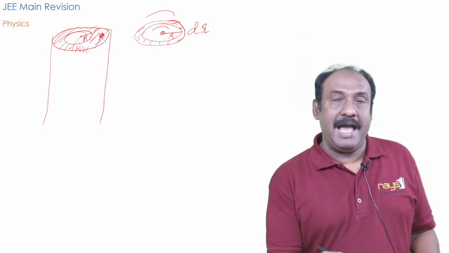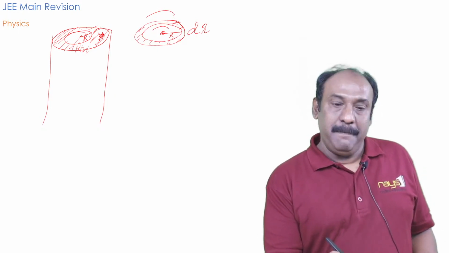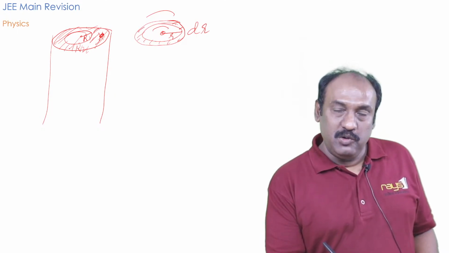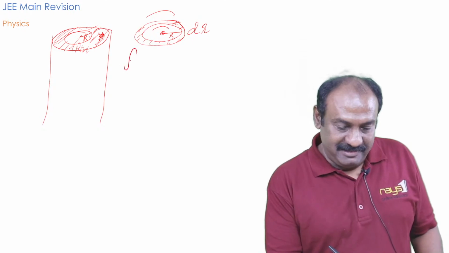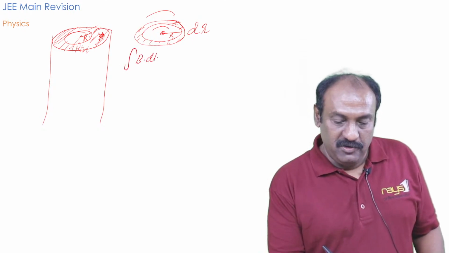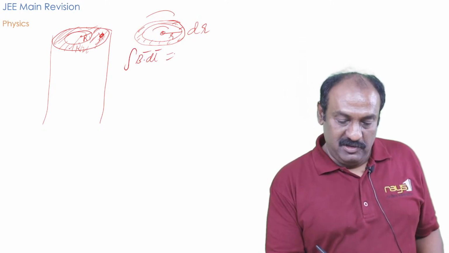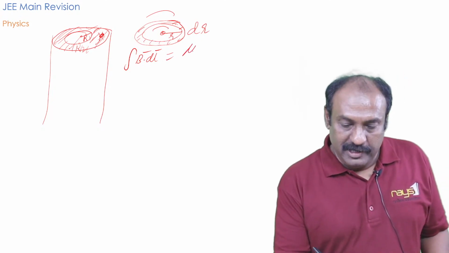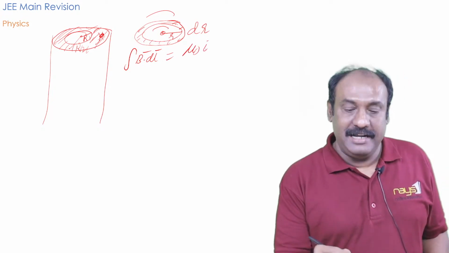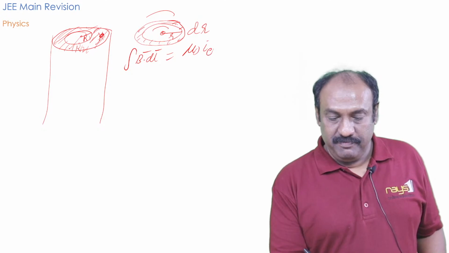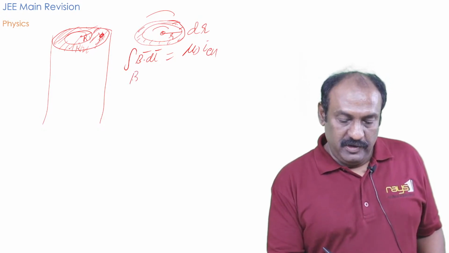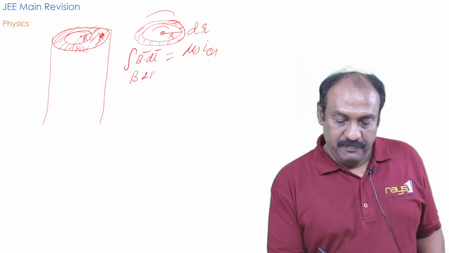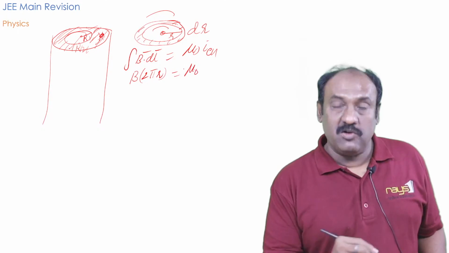Then by applying Ampere's circuital law, the magnetic induction at this point due to this current carrying element in between the inner and outer radius is integral of B bar dot dl bar equal to mu naught into the enclosed current in between these two points. So B into integral of dl is 2 pi r, equal to mu naught into the enclosed current. What is the enclosed current?